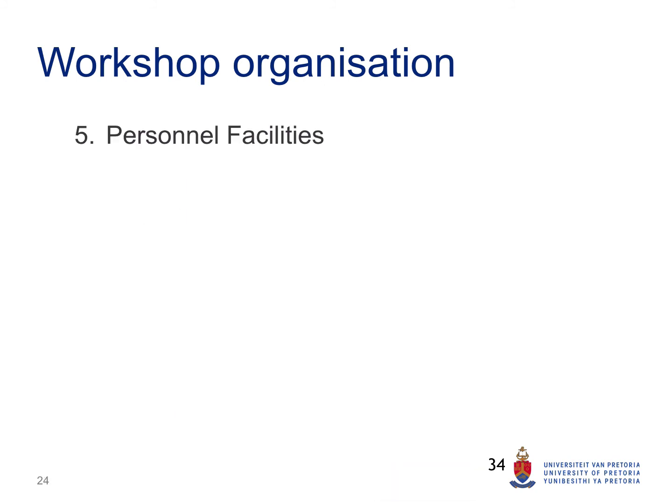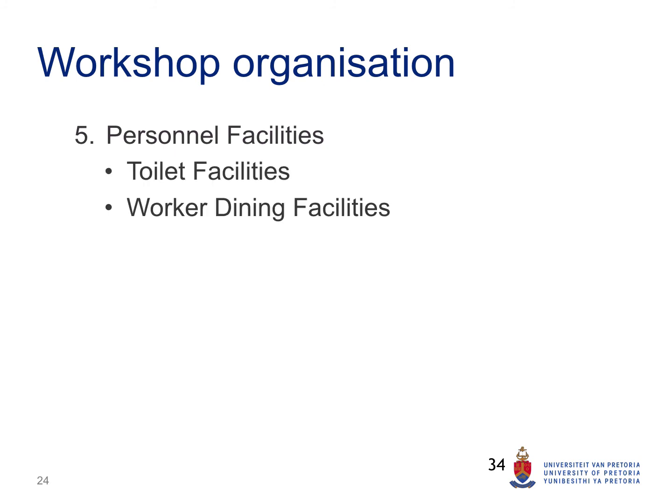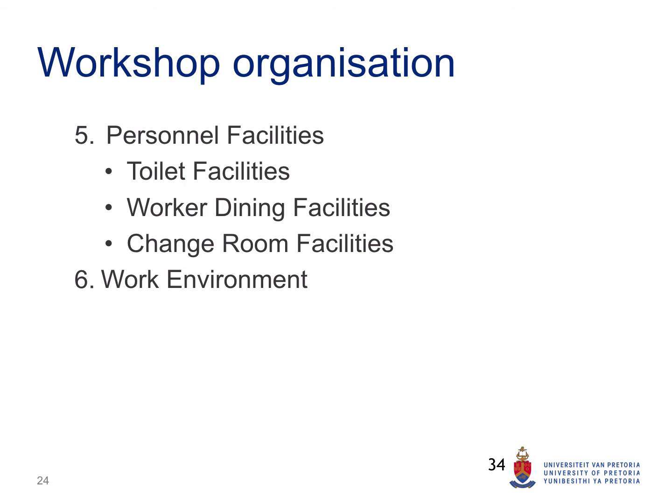In terms of personnel facilities, one should include toilets, worker dining facilities, and change room facilities. In terms of the work environment, one should look at things such as lighting and heating and cooling, and so on.